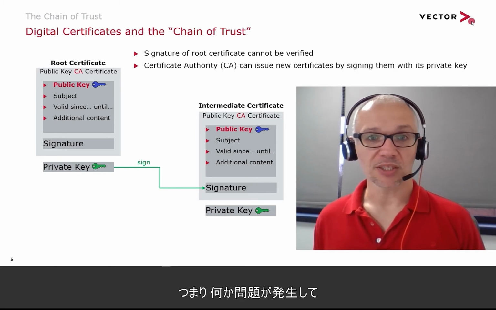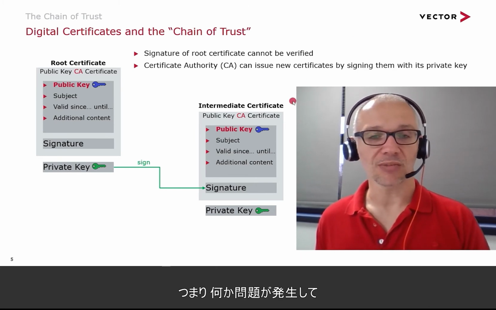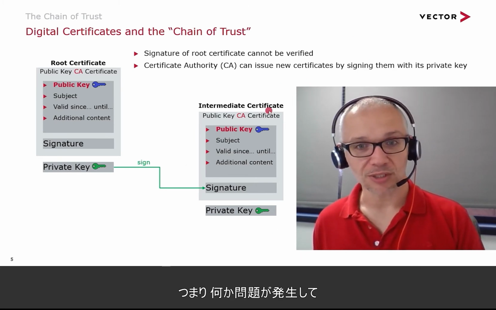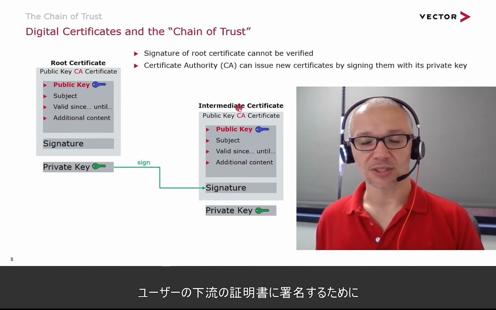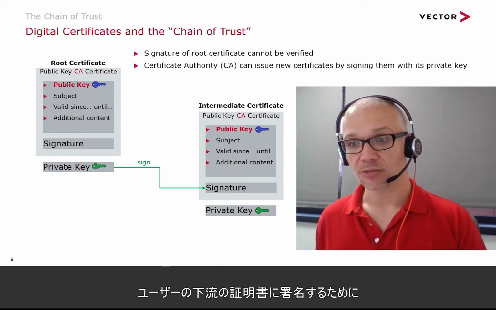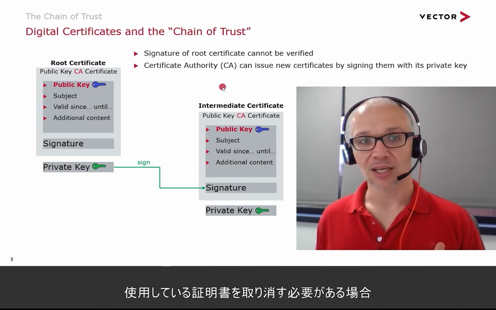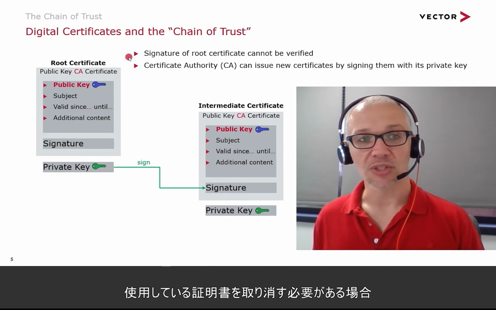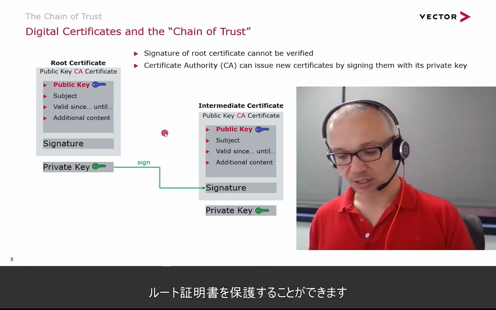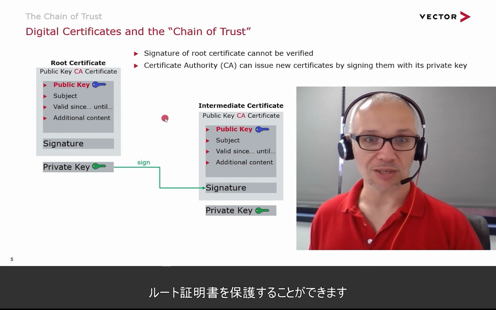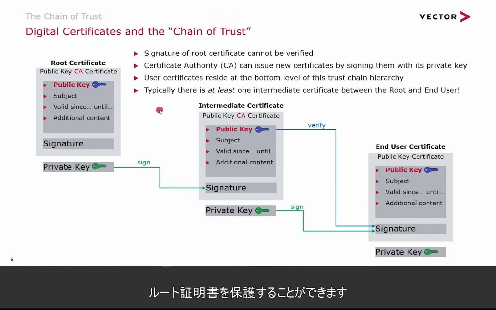So this means that if something goes wrong and we need to revoke the certificate, which we're using to sign downstream certificates on the users, it means that we are able to protect our root certificates, because these, if we lose these, we're really lost. We have no way to revoke these. So we have a chain of trust, we have a hierarchy, and it means that we get a sequence of things.